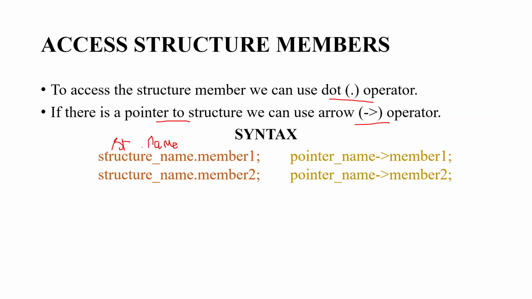So accessing the members of a structure can be done using the structure name followed by the dot operator followed by the member. If we are dealing with an address, that is the pointer concept, then we will give the pointer name to which the structure has been stored, followed by the arrow mark and the particular member of the structure. So these are the two ways you can access the members of the structure.